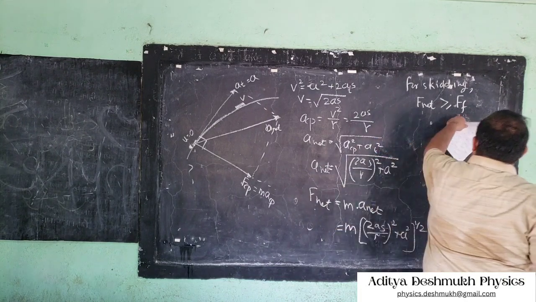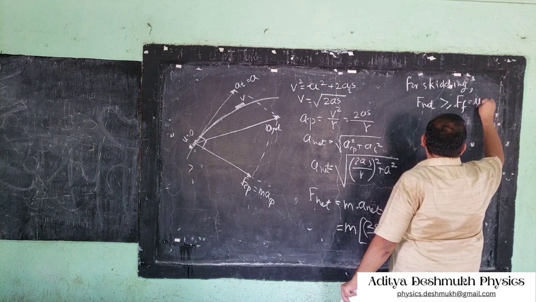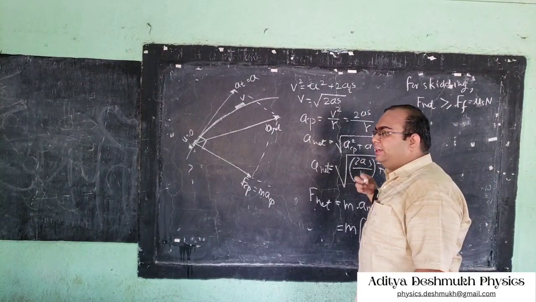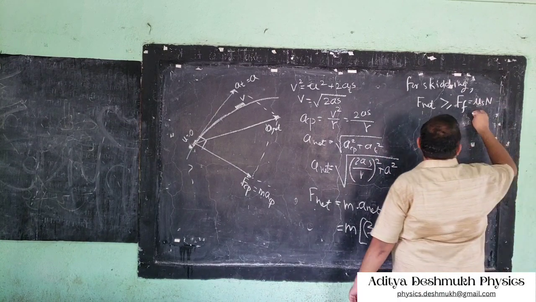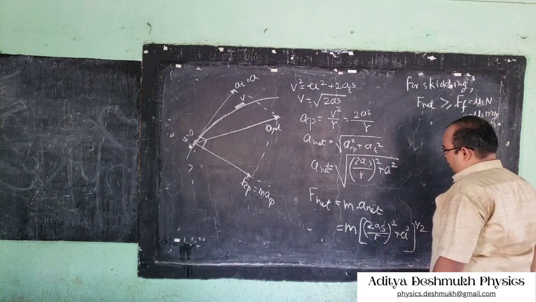So what is the limiting value of this frictional force? It is nothing but mu_s N, because the coefficient of static friction will give you the higher value of frictional force, which is equal to mu_s mg, m being the mass of the car.